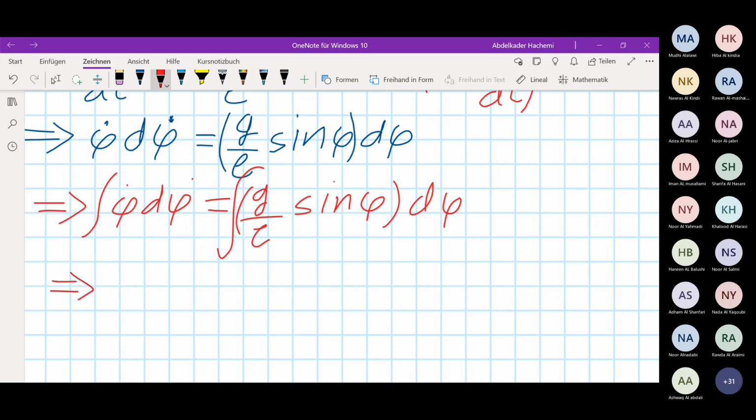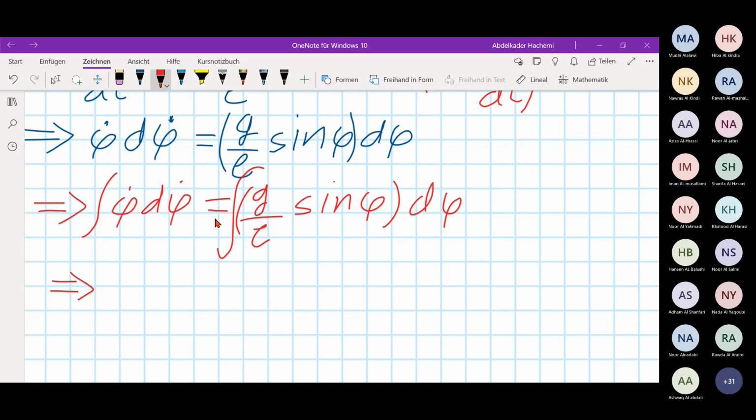Phi dot d phi dot is the same variable, and sine phi d phi is the same variable. G divided by L is constant, it can be put out of the integral.